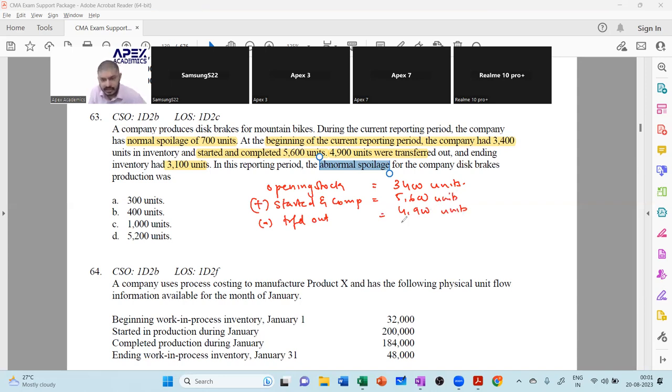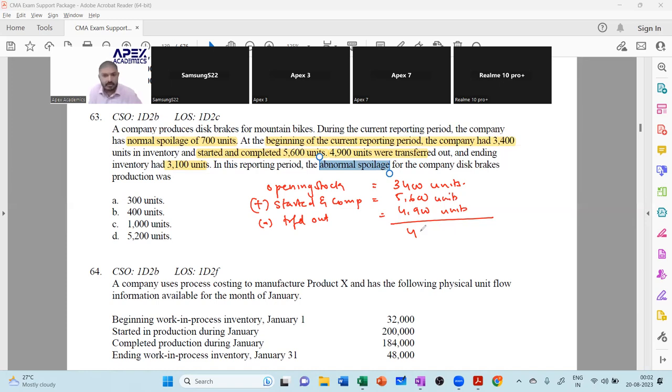So how many units should stay in hand? The number of units that should ideally stay in hand will be 3,400 units plus 5,600 units minus 4,900 units. 3,400 plus 5,600, which is 9,000, minus 4,900.